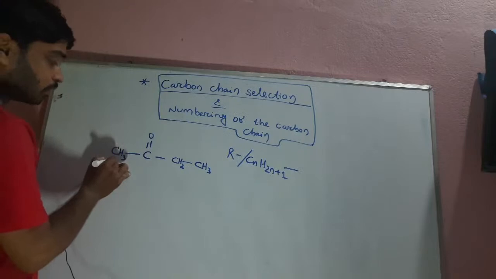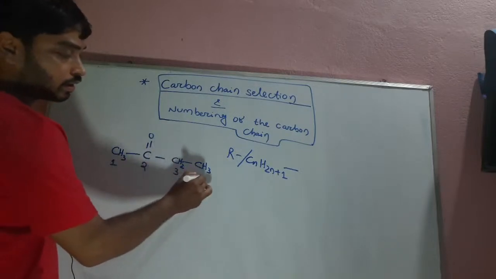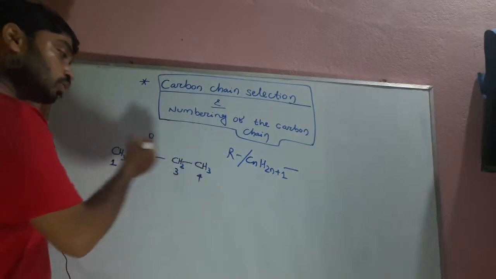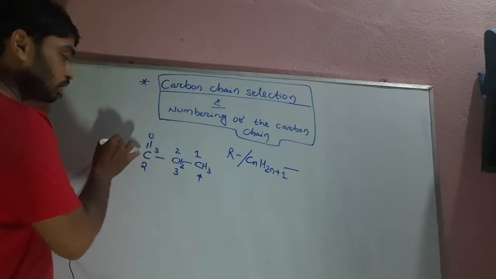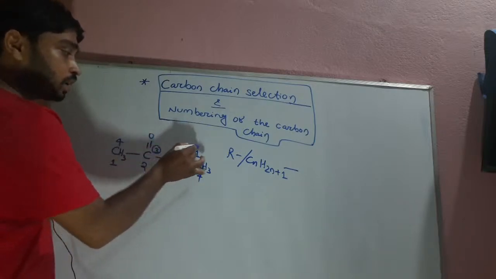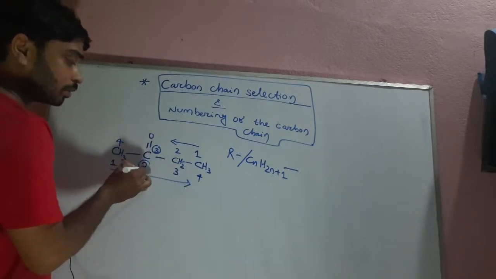That means I am numbering here 1, 2, 3, 4, and if I go in this direction, 1, 2, 3 and 4, from the right side or the left side of the functional group.